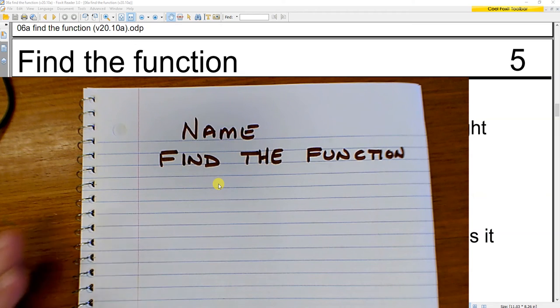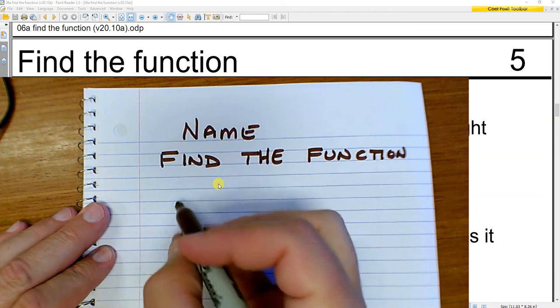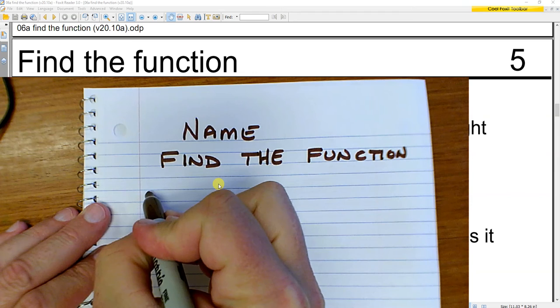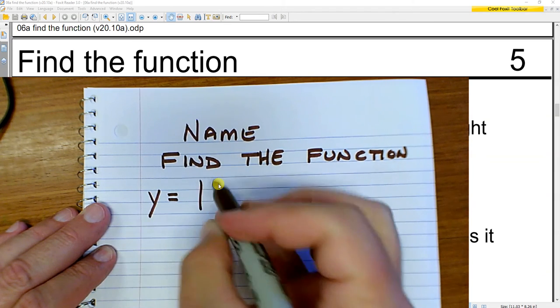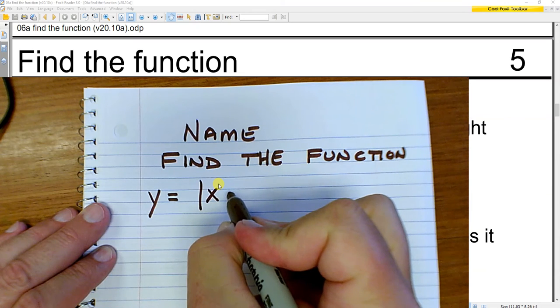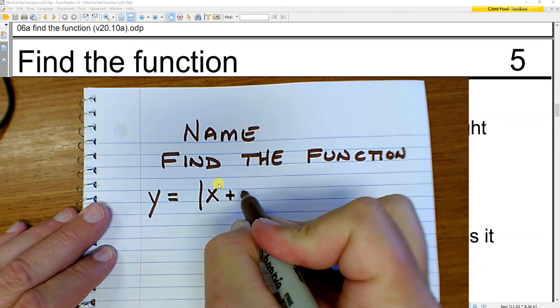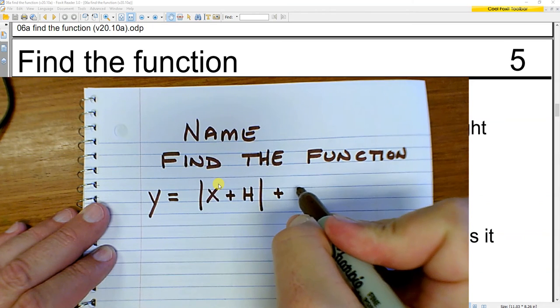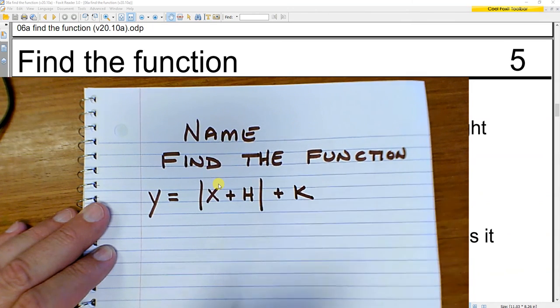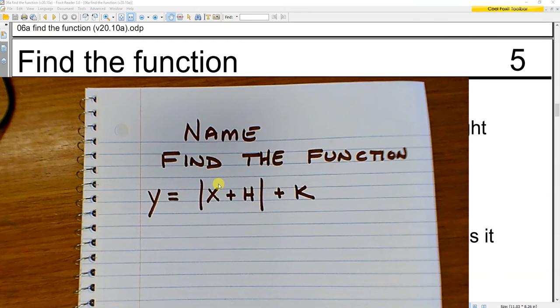And let's start with our absolute value function, which is y equals the absolute value of x plus h, plus k. And we know that if I wanted to flip it, I would add a negative.